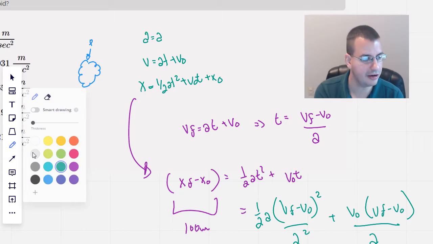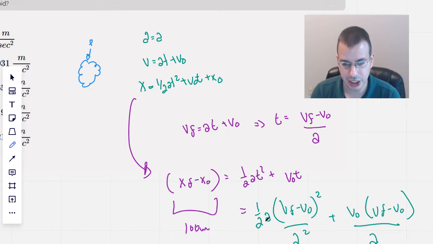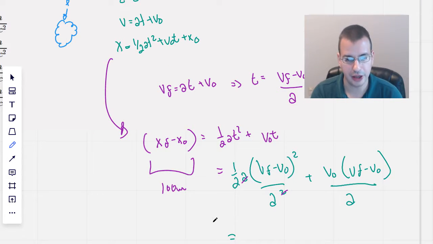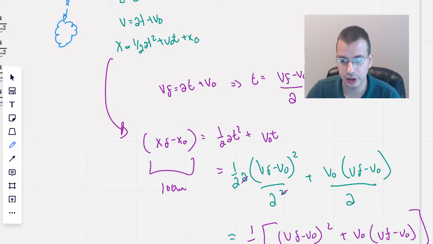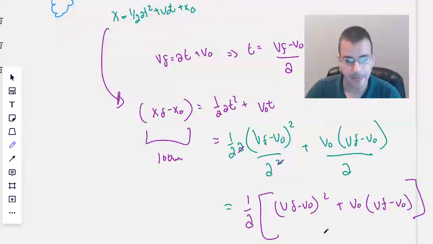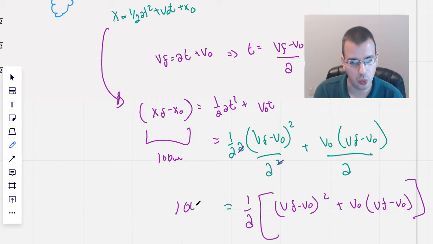So in this case one of the A's cancels, and we're left with 1 over A, because we'll just factor out the A, V final minus V initial squared plus V initial times V final minus V initial. No, not squared. And this will equal 100 meters. I'm going to call this delta X.